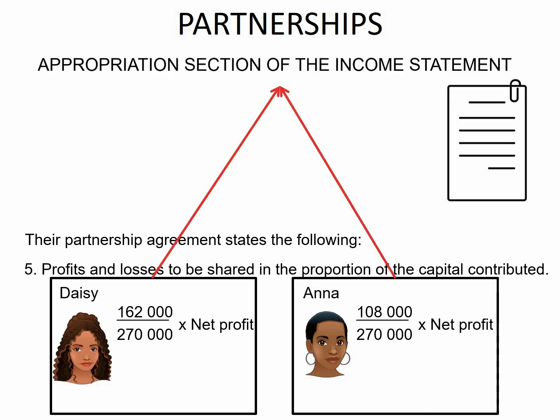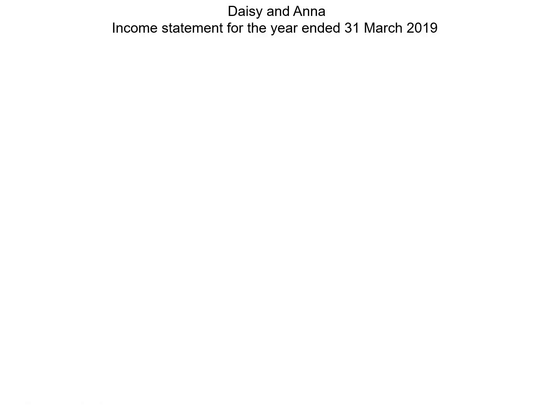However, we will not be able to determine that amount now because we first need to calculate what's left in the appropriation section. So after we have completed our appropriation section, we will know how much is left for profit sharing. Let's first have a look at our income statement for the year ended 31 March 2019.